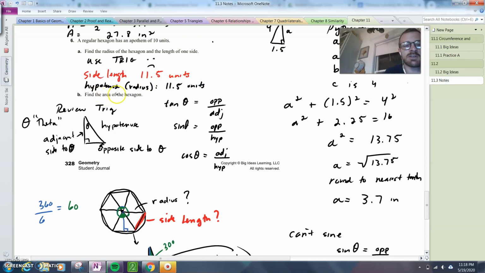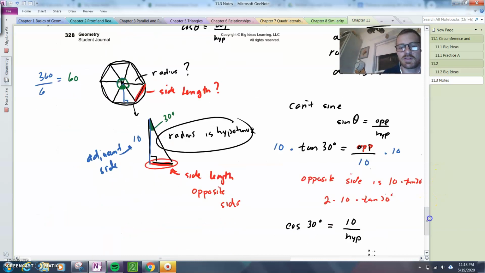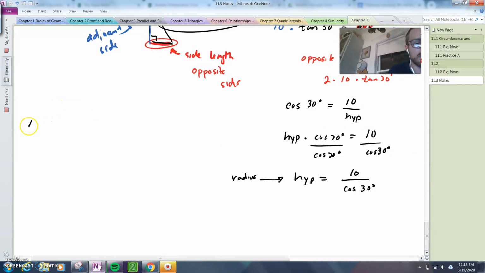And now lastly, we need to find the area. And I'm going to take that down here. So the area, remember, is taking the area of a triangle, which is 1/2 the base times the height. But remember, the height we're saying is the apothem, and the base is the side length, s. And then we need to multiply it by the number of triangles we have.